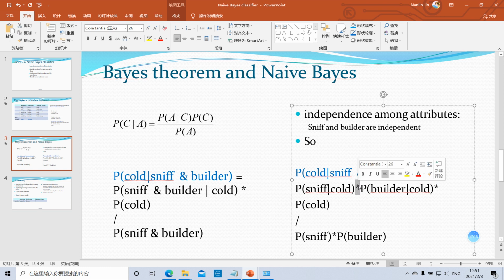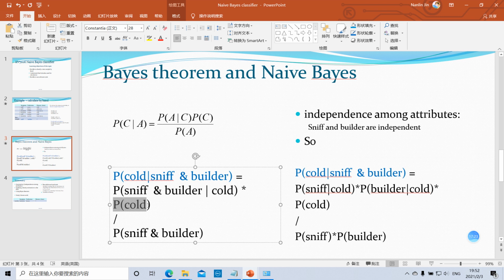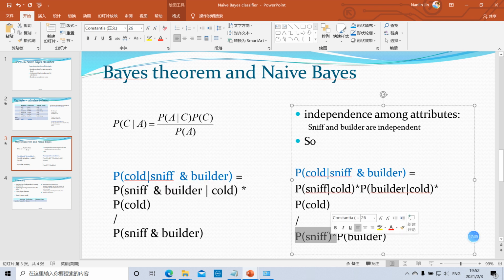The probability will be the product of the probabilities, okay? And then this is the same class probability, we copy and paste. Similarly, we can replace the probability of sniff and builder with the probability of sniff and the probability of builder, and multiply them together.